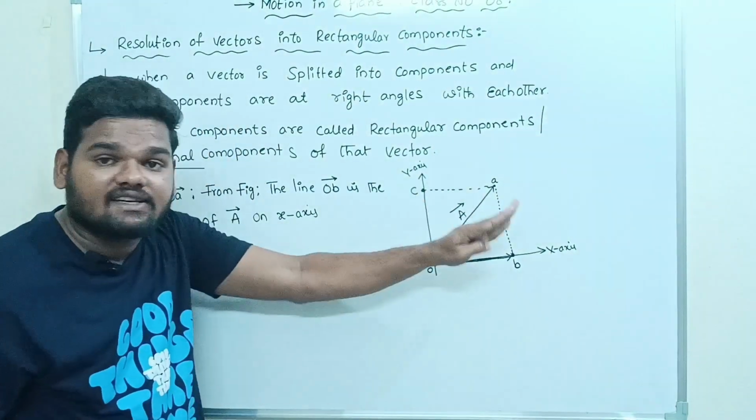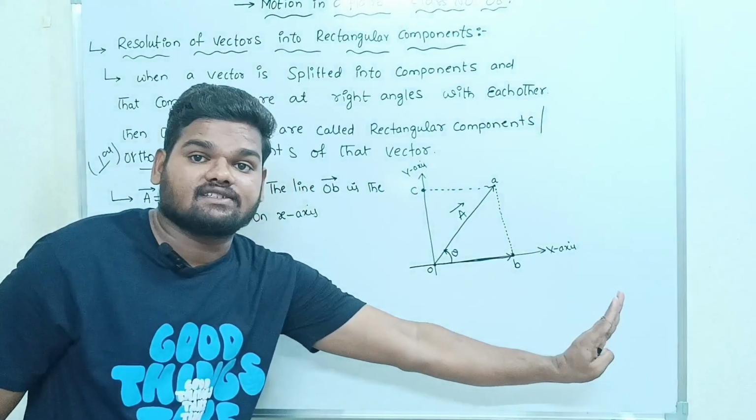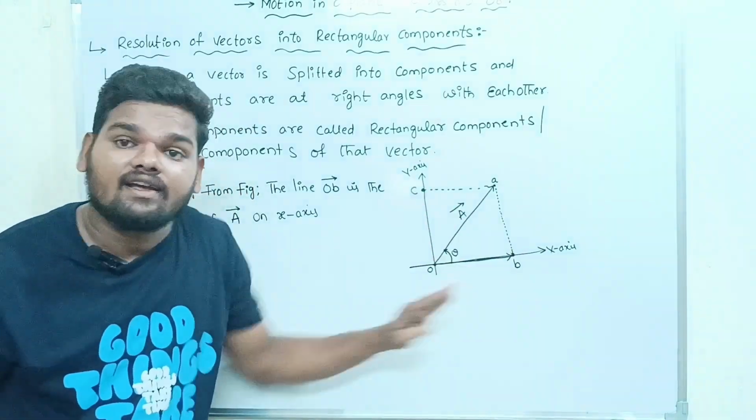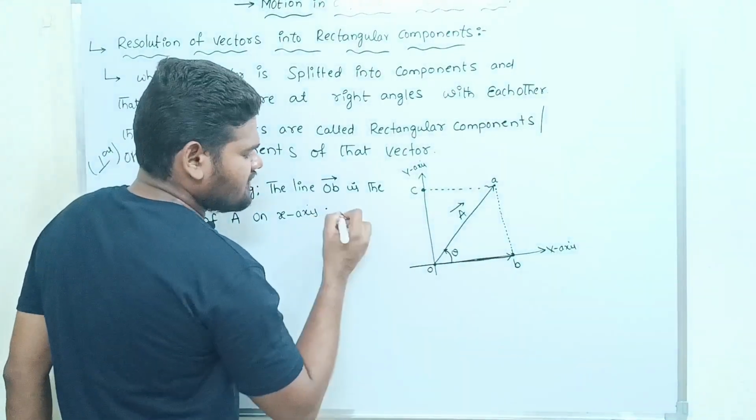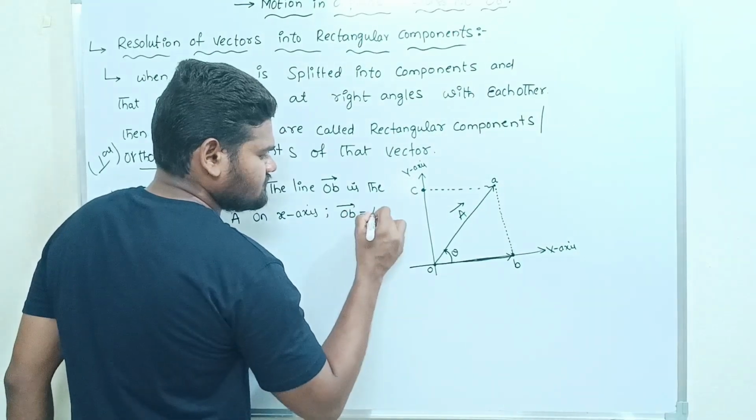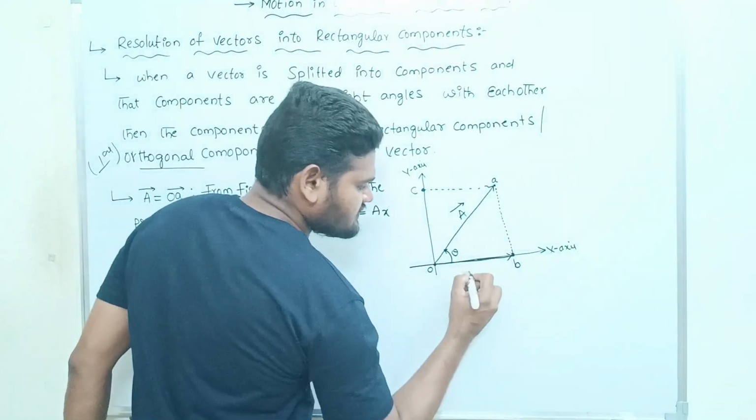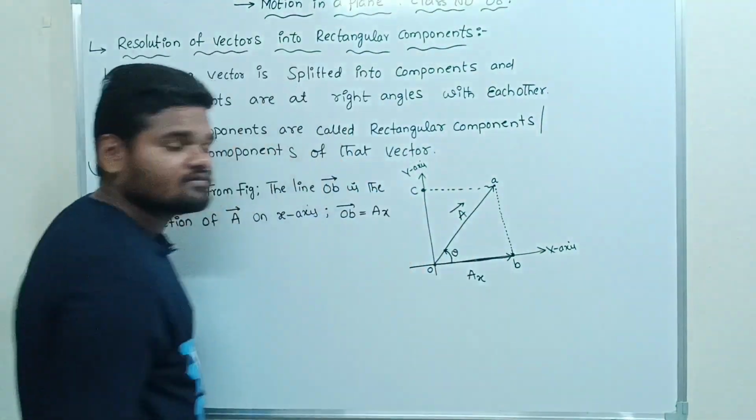OB shows the projection of the a bar vector on the x-axis. I'm taking the OB bar vector to be equal to Ax.